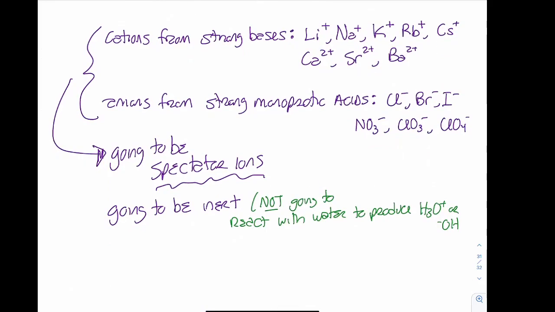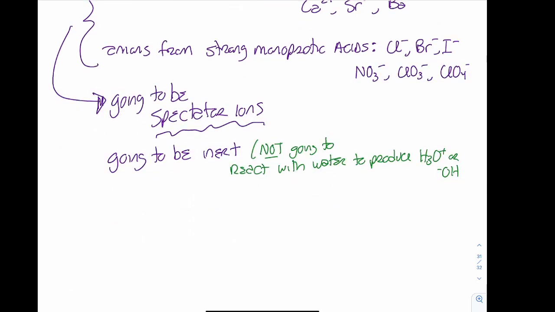I did say I would talk about sulfuric acid. So you want to be careful for this. H2SO4: I had said that only the first proton is the strong one. This is diprotic, so it can react with water to produce HSO4 minus plus hydronium ions.